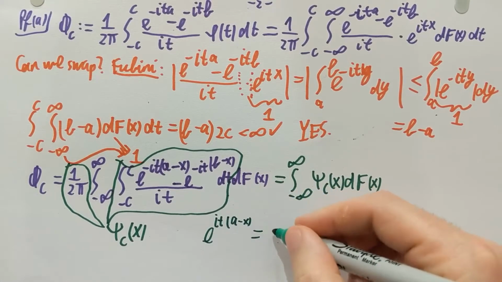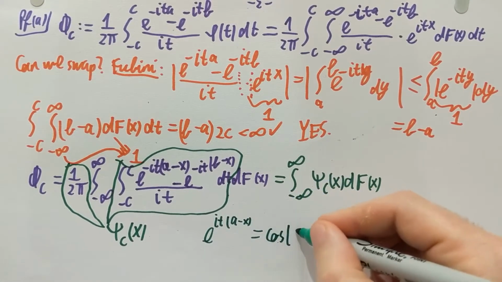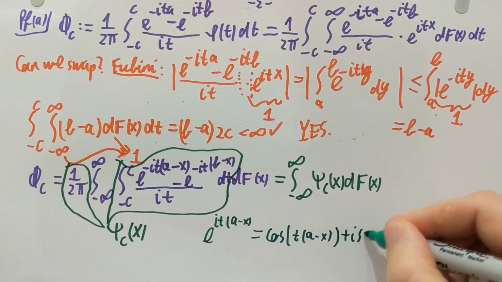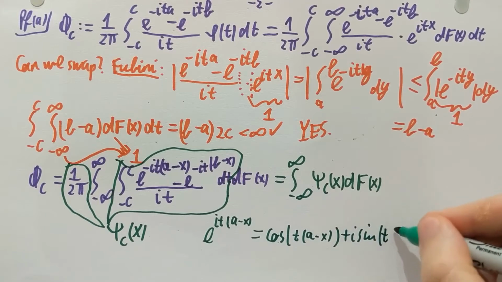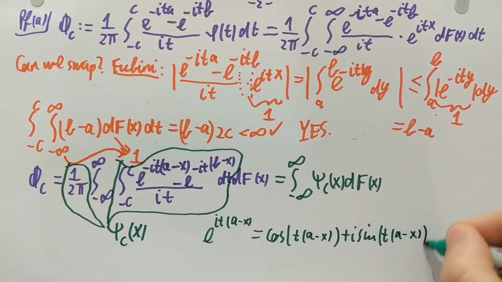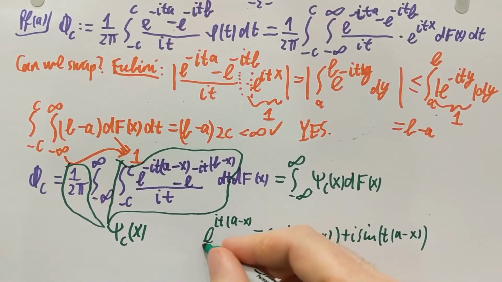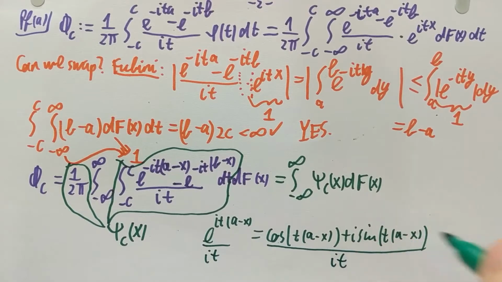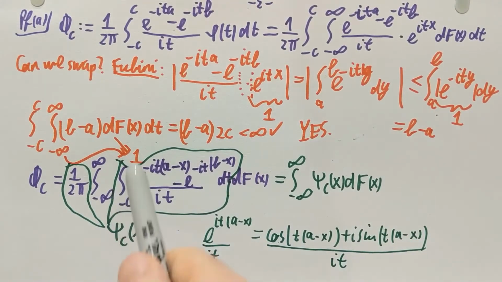Well, that is cosine of t(a minus x) plus i sine of t(a minus x). It doesn't matter that this is a minus x, any constant could work. Alright, now I'm integrating this in t, I'm dividing by it, so let's divide this thing by it. And I'm integrating this over a symmetric interval from minus c to c.